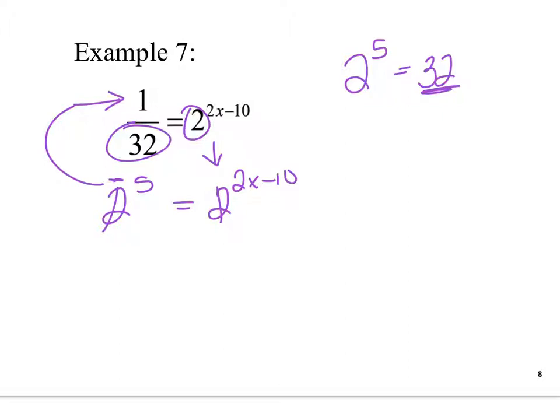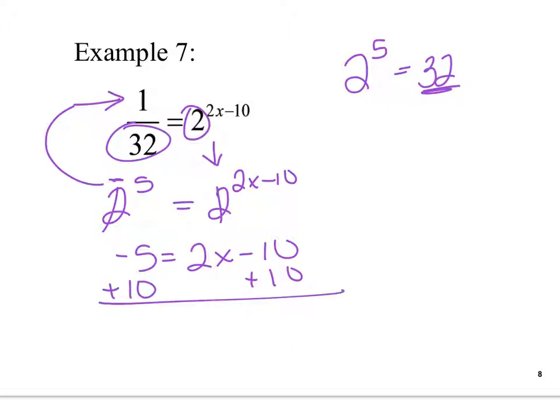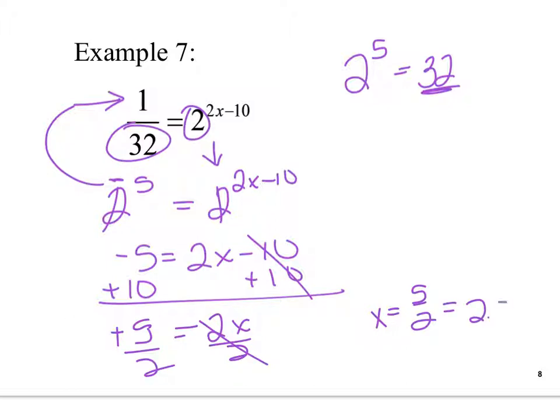Drop the 2's, negative 5 equals 2x minus 10, and we solve. Okay, so then you get 2x equals positive 5, divide by 2, and x is 5 over 2, or 2.5, however you want to write it.